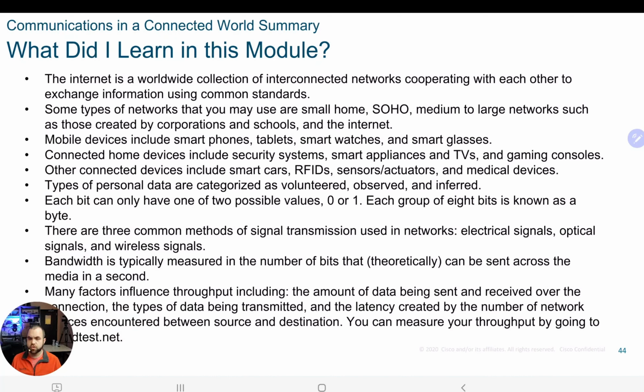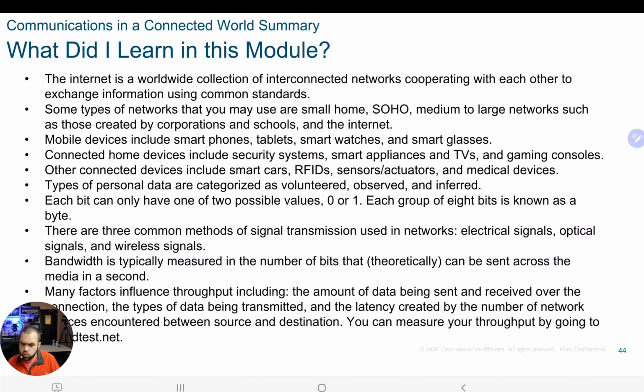Measuring the number of bits that could theoretically be sent across the media is your bandwidth. So that is kind of how wide that network is. And then the actual amount of data that is sent across, that's your throughput. Like how many cars can actually go through that 10-lane highway, if you will.